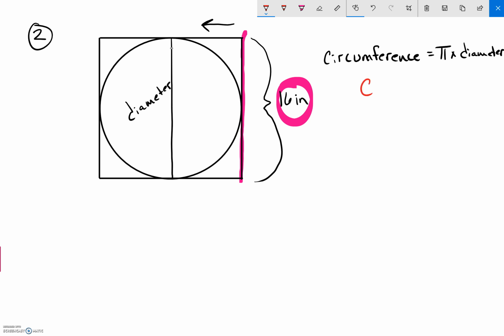So we'll plug in our numbers. We want the circumference. We don't know it yet. They tell us to use 3.14 for pi. Multiply that by the diameter, 16. Pull up my calculator real quick.